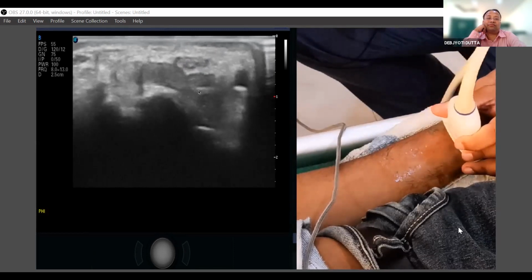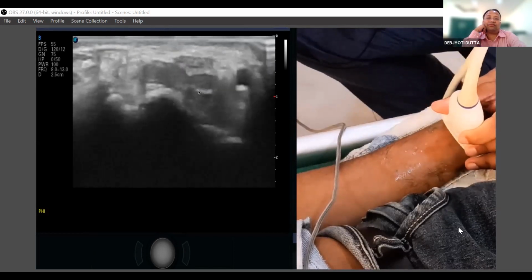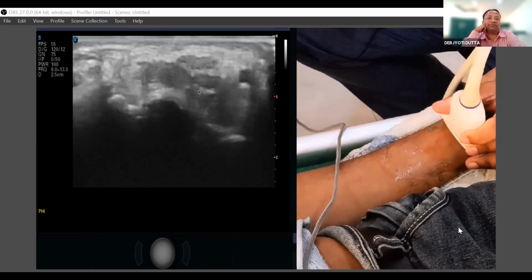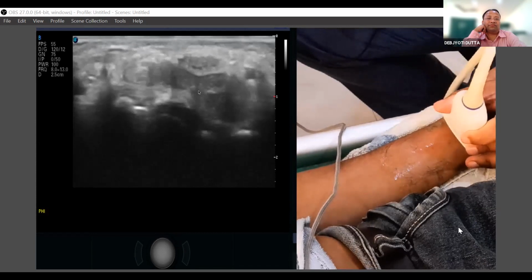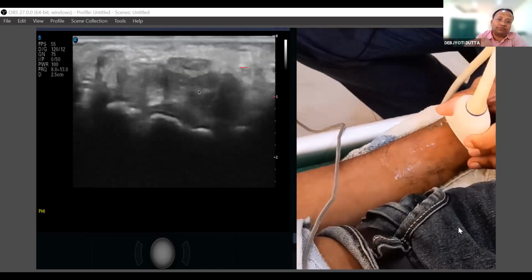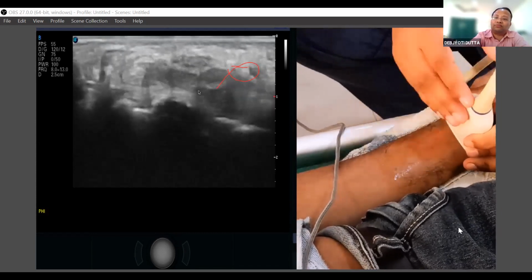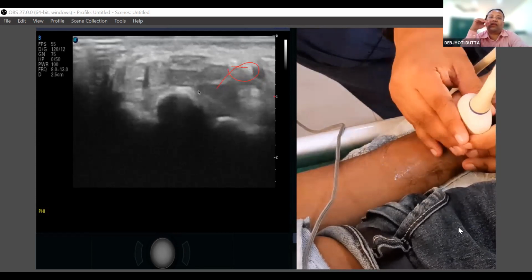Now, if we go laterally and slightly distally, then we will be able to see another bone and the artery and nerve. So let's move.